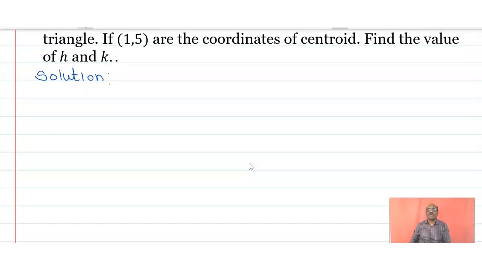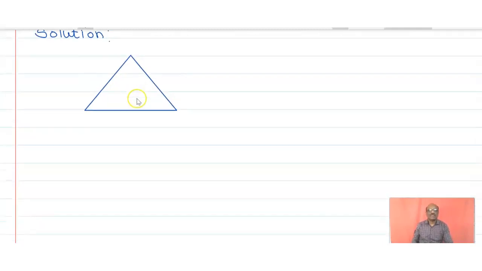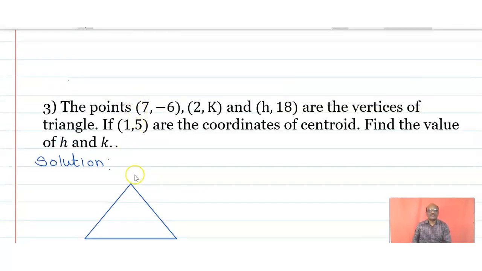Okay. Now here first of all we will draw the figure. Okay. Now here the triangle is ABC. The coordinate of A is 7, minus 6.